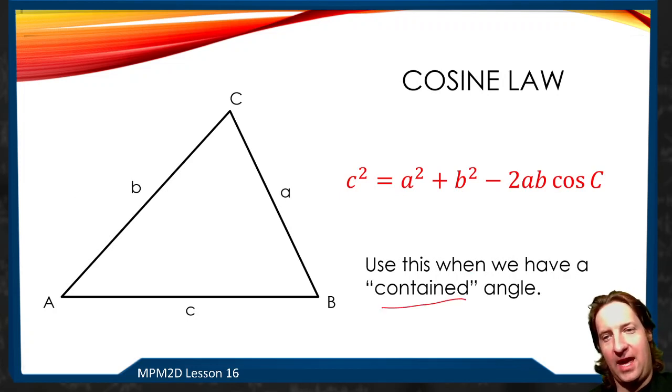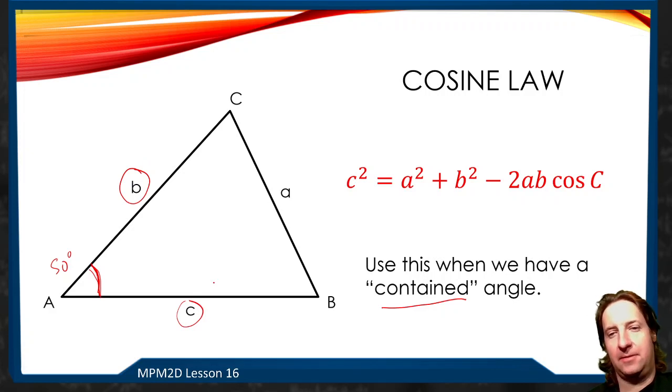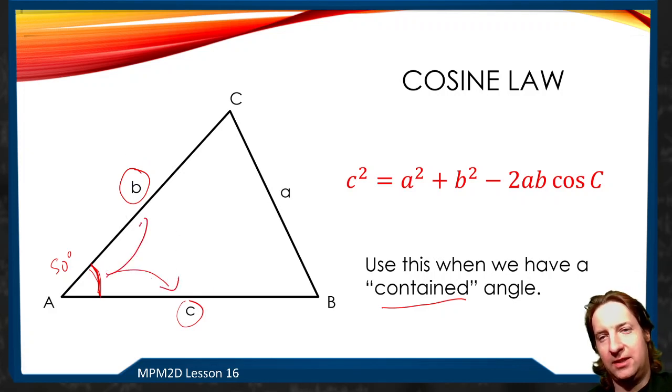Let's say I have A as my known angle, I don't know, 50 degrees or something like that. And then I know side length B, and I know side length C. So this known angle 50 is contained within, let's say this is 16 and this is 18 or something like that.